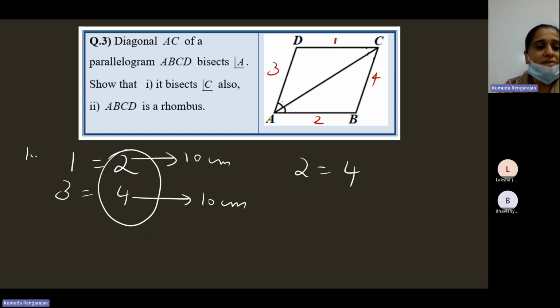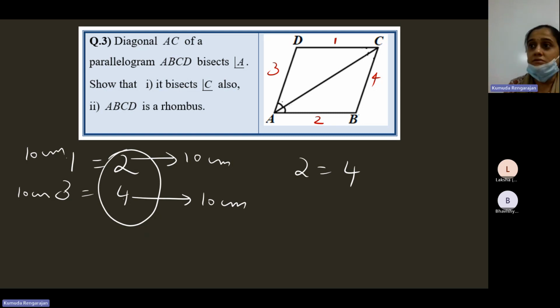So 1 also will be 10 centimeters. 4 and 3 are already equal, so this is also 10 centimeters. So what do we see? All the sides are equal. So when opposite sides are equal, it is enough if you prove any one pair of adjacent sides are equal. Then all the sides will become equal.